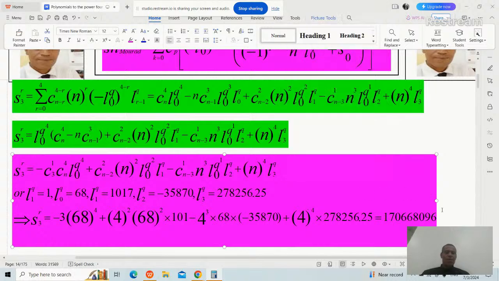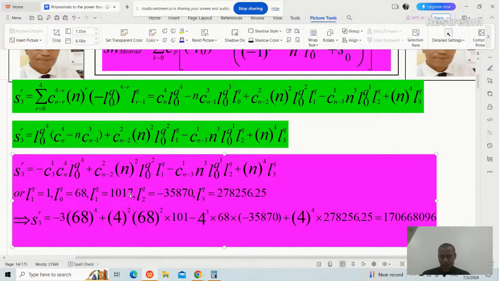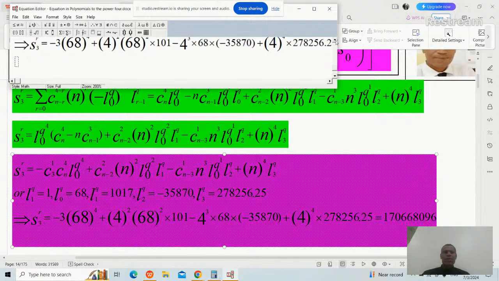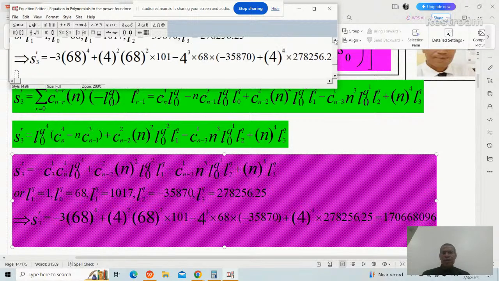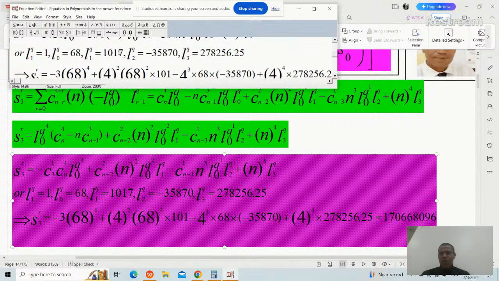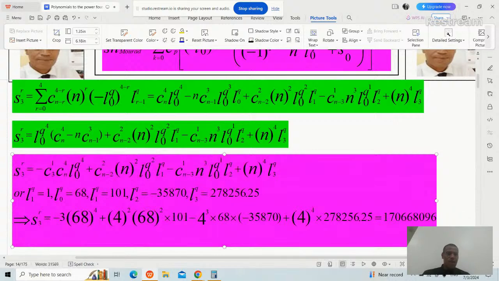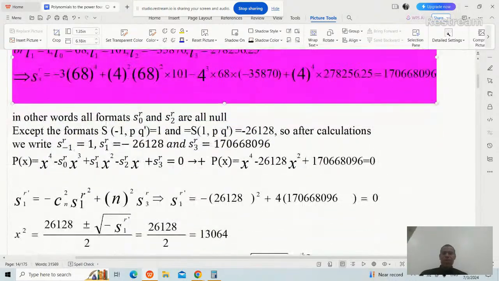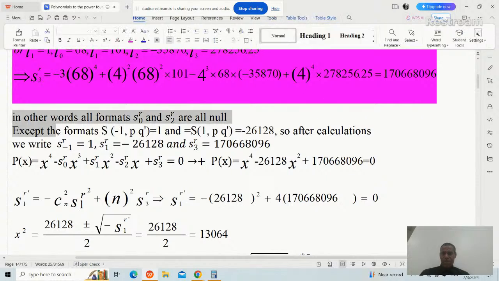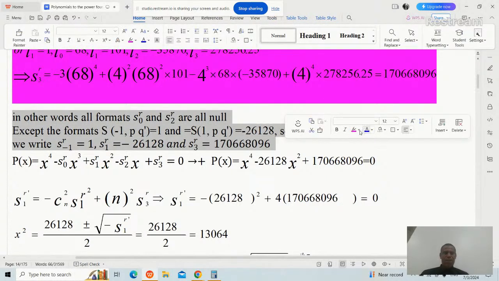Now I will correct the value of S1. S1 is 101, not 1000. I will close this one. Now, learners, I got my new polynomial. I will write this with a different color.